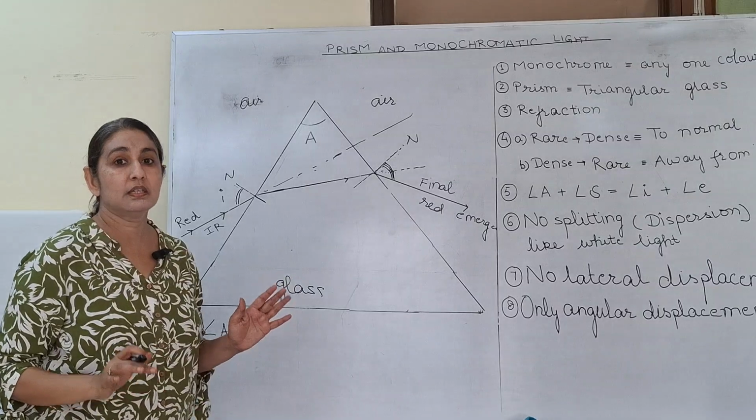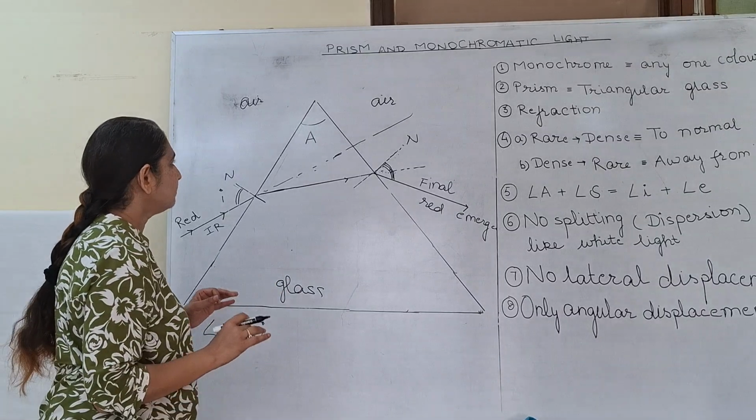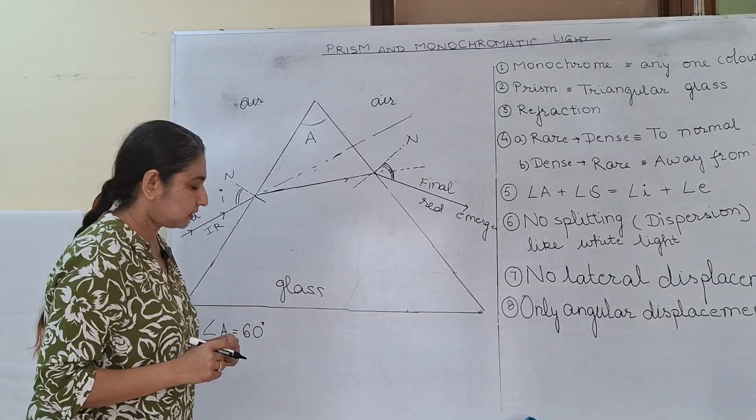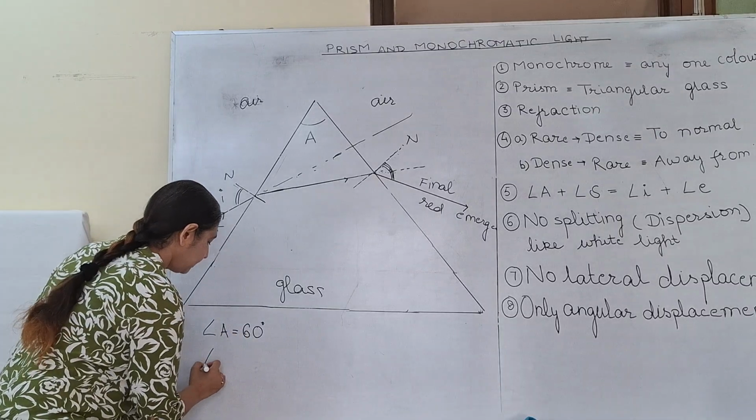And now last, the angle of deviation. That's most important and it goes wrong. So see, we make a symbol like this for the angle of deviation.